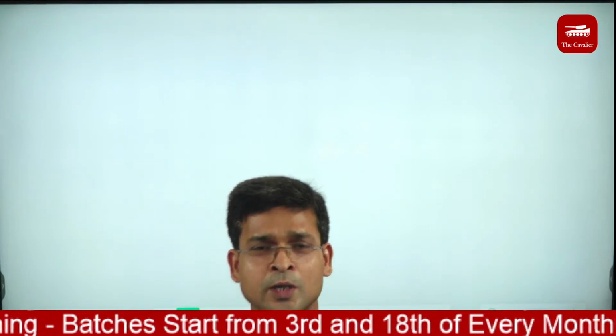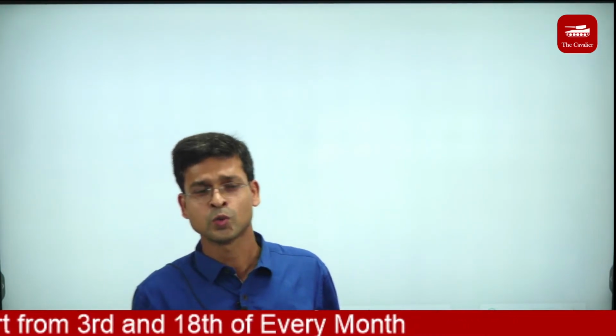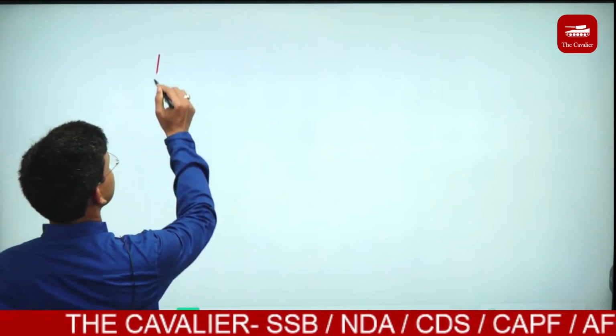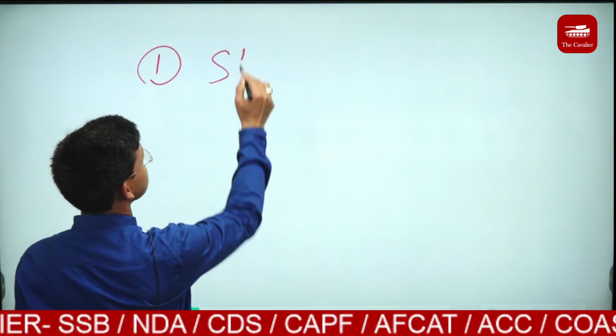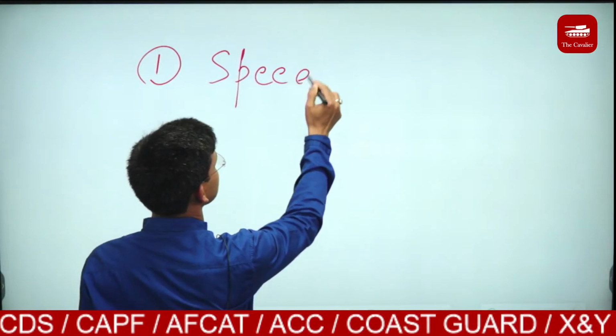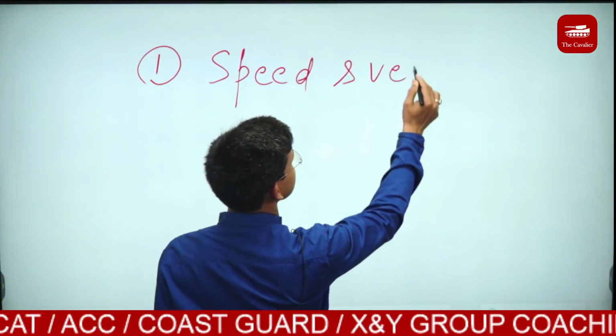Basic concept of speed and velocity, and I will provide you some tricks so that you can easily solve the numericals, and that type of numerical generally asked in the paper. Now we come to the topic that is called speed.